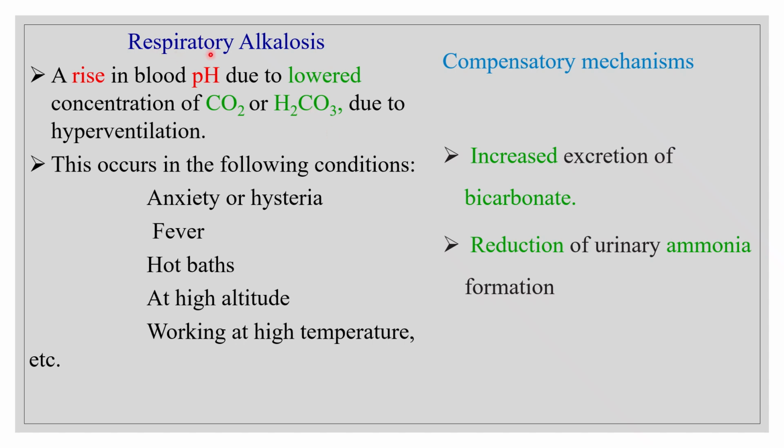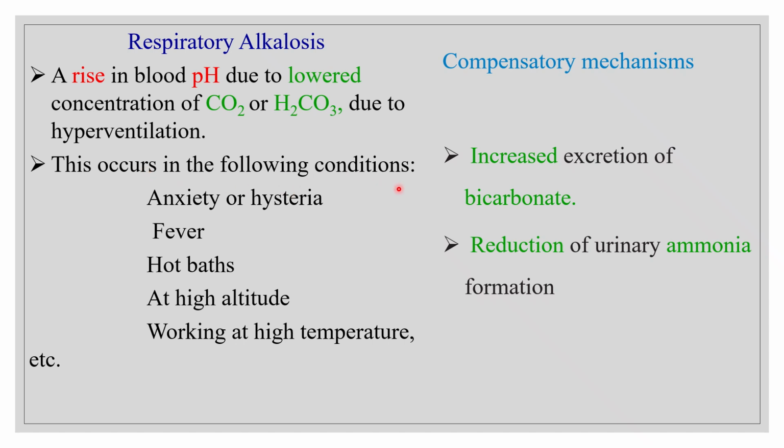Now, respiratory alkalosis. Respiratory alkalosis shows an increase in blood pH, and it can be due to the lowered concentration of carbon dioxide or carbonic acid due to hyperventilation.